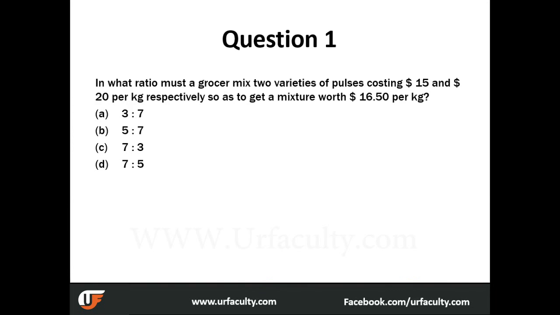Moving on, let's try to understand what alligation and mixtures are all about. A typical question that you see in the case of alligation or mixture is you will be shown a product A and a product B. This product A or B could be anything. It could be a mix of milk and water, or two products of different quality.